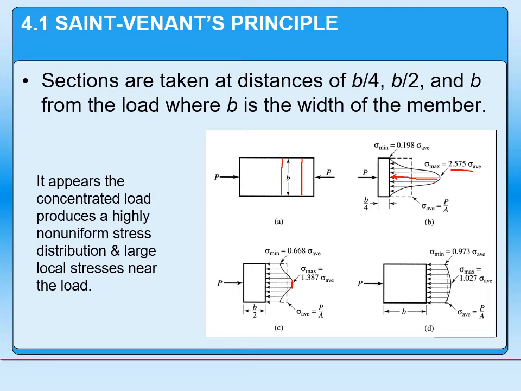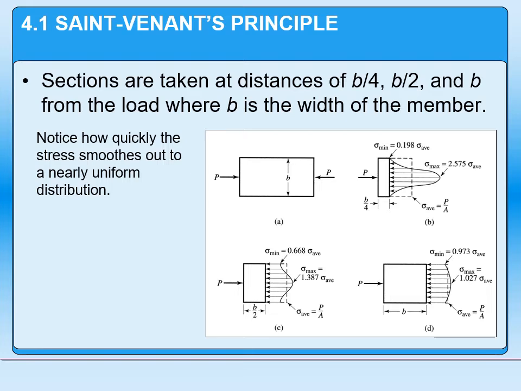And if we go eventually to look at the stress distribution at b, again the width of this beam, into it, we see that the distribution is remarkably flat, with the maximum only a little over 1 times the average. If we were to go further in, we'd see that this distribution would flatten out even more.